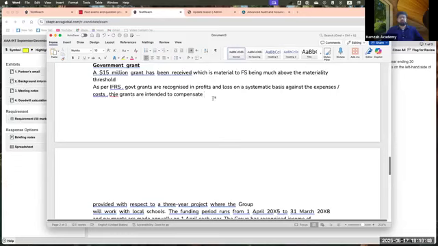Now, students, applying to the scenario.